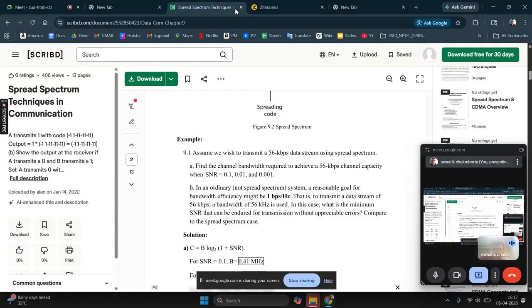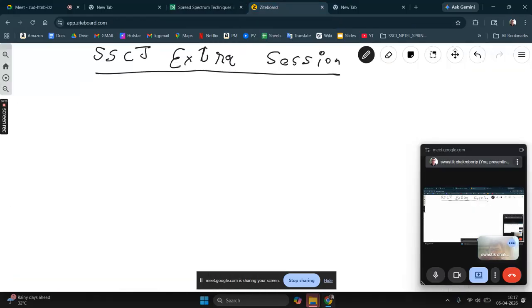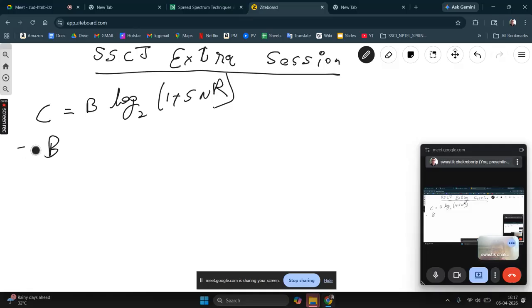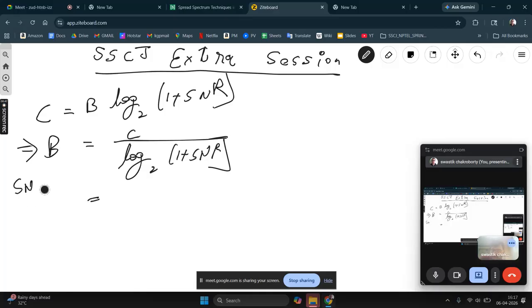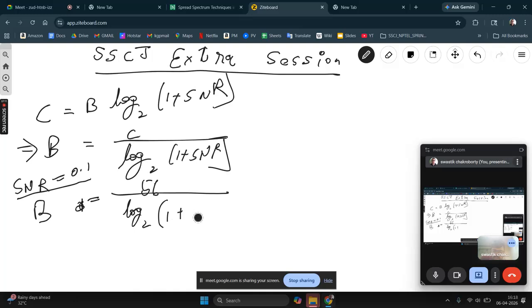The first extra session for spread spectrum. So the 56 kbps is here. By Shannon's formula, we know that the channel capacity C is equal to bandwidth times log base 2 of 1 plus SNR. So the bandwidth will be C by log base 2 of 1 plus SNR. In the first one, for SNR equal to 0.1, the bandwidth is equal to C, 56 kbps, divided by log base 2 of 1.1.